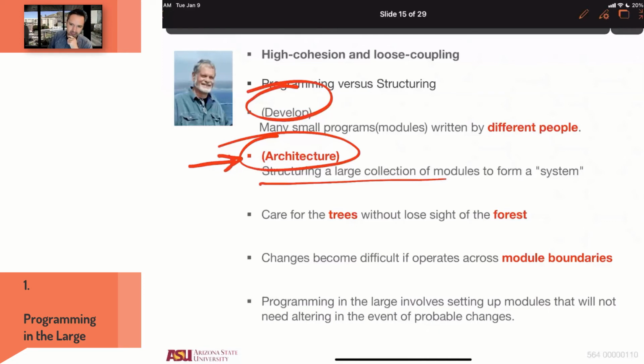Someone needs to think about the system, like the trees are important, but we need to have the vision of the forest. Someone, and it cannot be the programmer, because that guy is focusing on one of the trees.